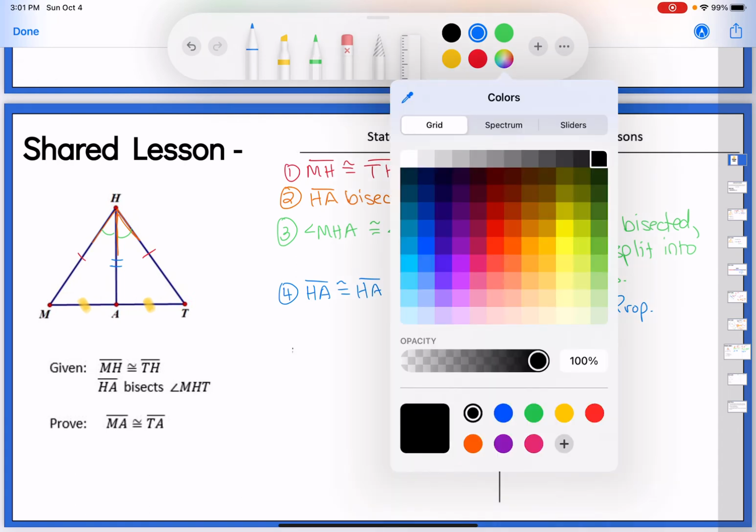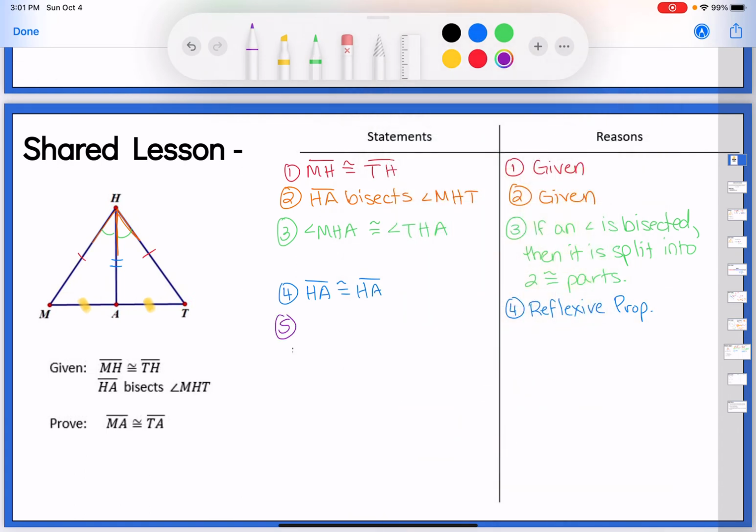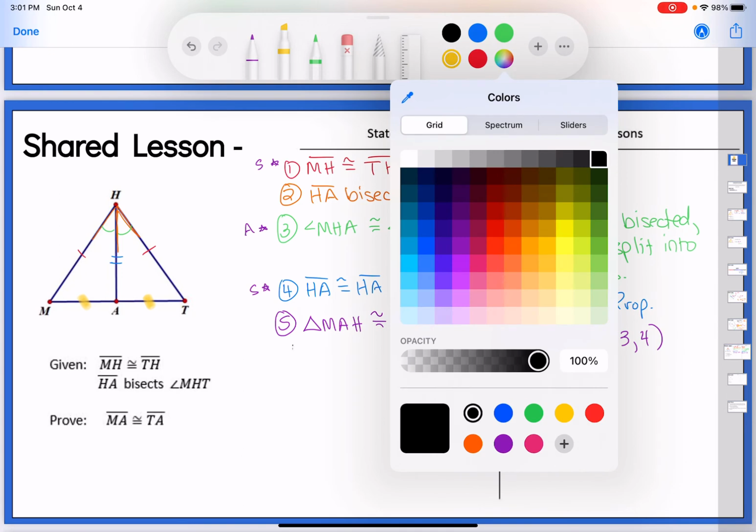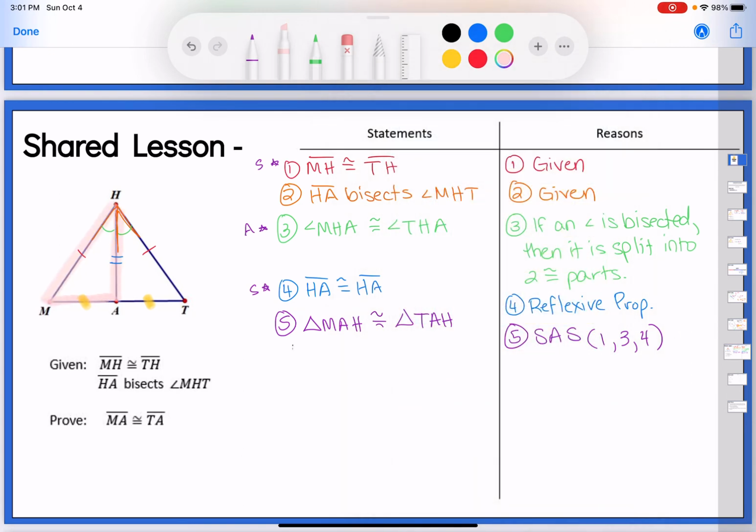But now that I have that, now I can prove, step 5, triangle MAH is congruent to triangle TAH, making sure I have those things lined up in the correct order. And the reason is side, angle, side, right? Step 1 for a side, step 3 for an angle, step 4 for a side. So 1, 3, 4 this time. I had an extra step after instead of my warm-up. Okay, so now I just proved that the triangle on the left was congruent to the triangle on the right.